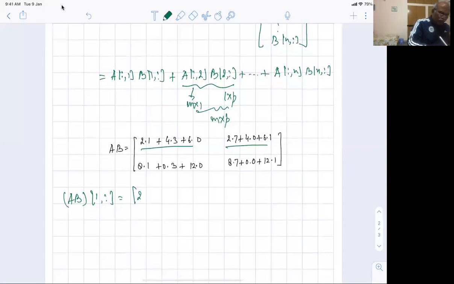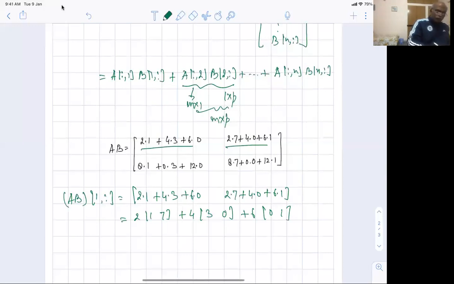It is 2 into 1 plus 4 into 3 plus 6 into 0, 2 into 7 plus 4 into 0 plus 6 into 1. So this is nothing but, look at 2 and 2 is common here, 4 and 4 is common, 6 and 6 is common. So it is 2 times 1 7 plus 4 times 3 0 plus 6 times 0 1.